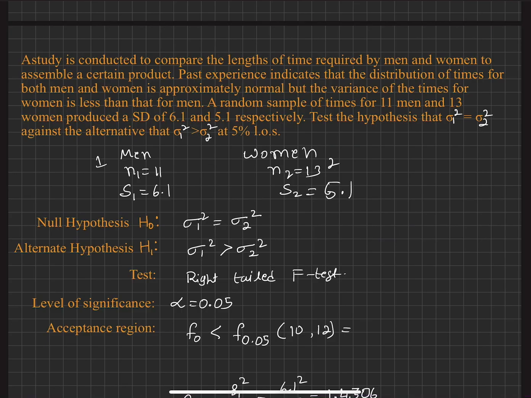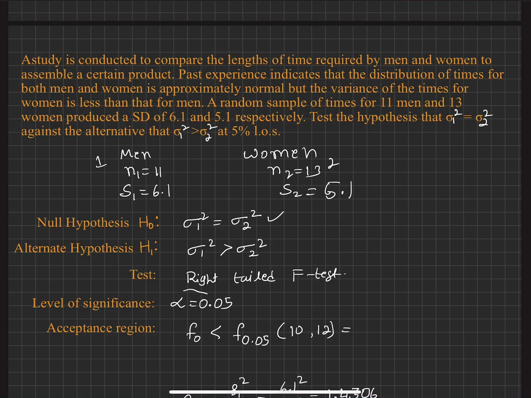Both the null and alternative hypotheses are stated directly. The null hypothesis is sigma 1 square equal to sigma 2 square, and the alternative hypothesis is sigma 1 square greater than sigma 2 square.